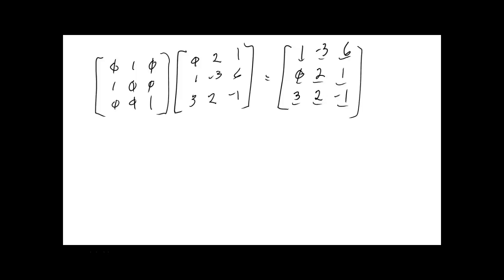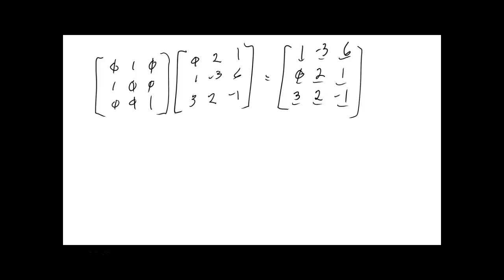Now, notice what you have as your result there compared to your multiplier here. You just switched the first 2 rows, which is exactly what your elementary matrix did. And that's exactly what elementary matrices do for you.